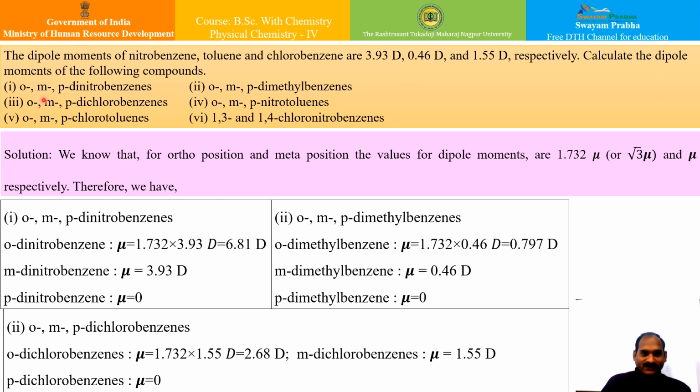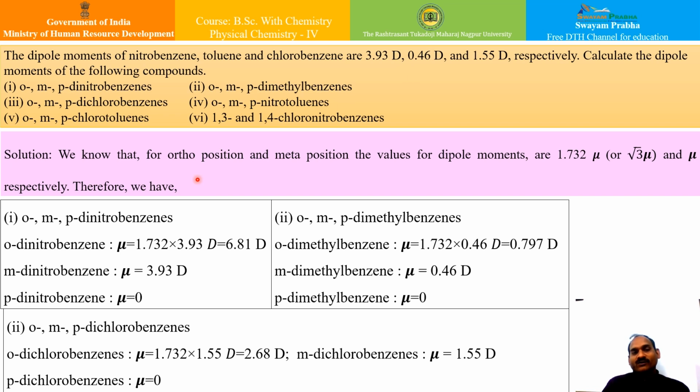Number one is ortho meta para dinitrobenzenes. Number two, ortho meta para dimethylbenzenes. Third is ortho meta para dichlorobenzenes. Fourth is ortho meta para nitrotoluenes. Fifth is ortho meta para chlorotoluenes. And sixth is 1,3 and 1,4 chloronitrobenzenes. Very interesting numerical this is. We will see one by one, step by step, in all the cases how to calculate.